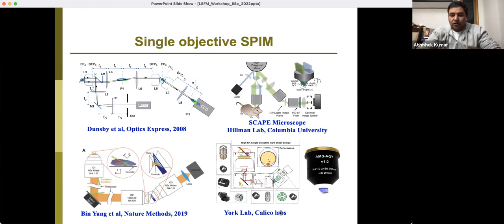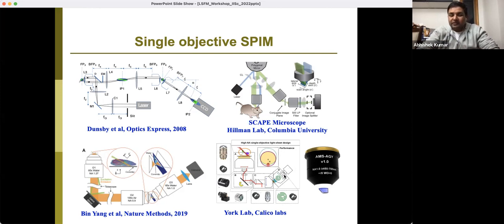And then Andrew York at Calico designed this lens, which they call the snouty lens. Basically, it has a weird angle at the front face of this lens, and they use a high index material. This simplifies your system, because now you don't have to design a water chamber or anything, because this works in air.